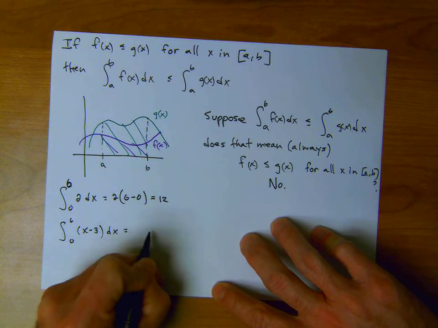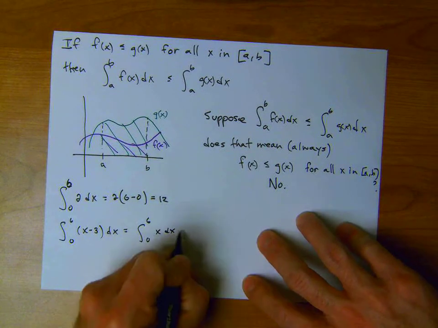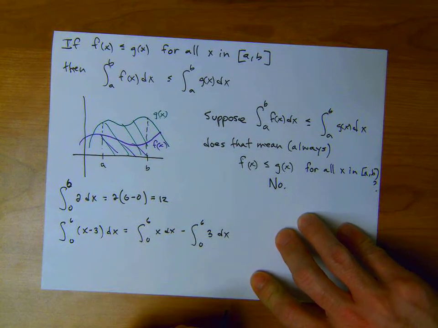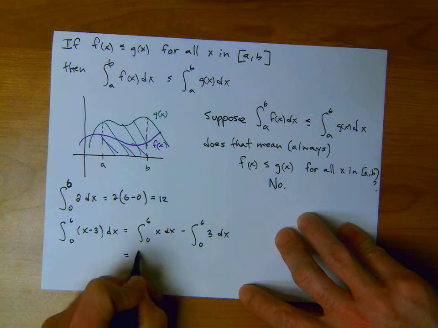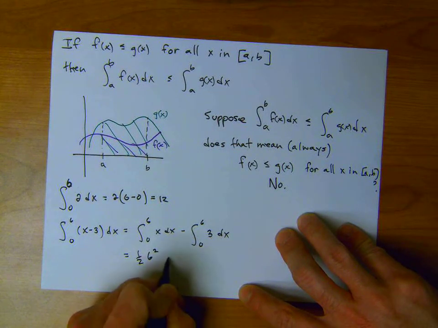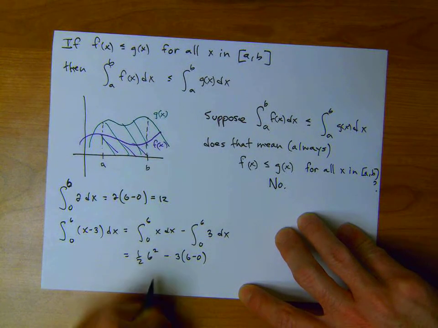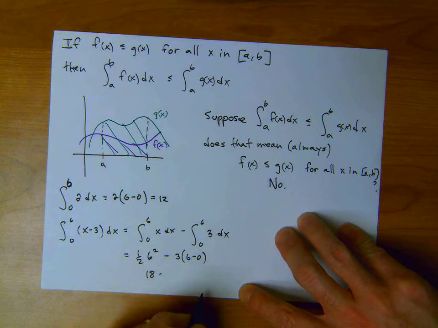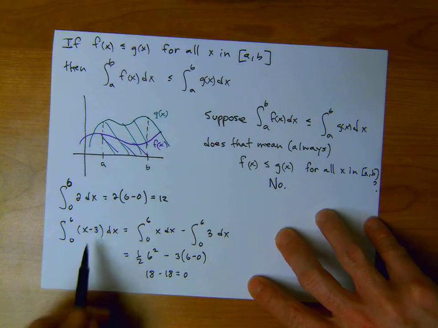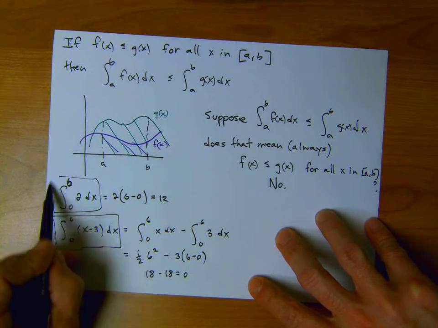We can separate that out: 0 to 6 of x dx minus 0 to 6 of 3 dx. So this one is going to be 1/2 times 6 squared minus 3 times 6 minus 0. Well, 1/2 of 36 is 18, minus 3 times 6 is 18. So that's 0. So clearly, this is less than that, right?